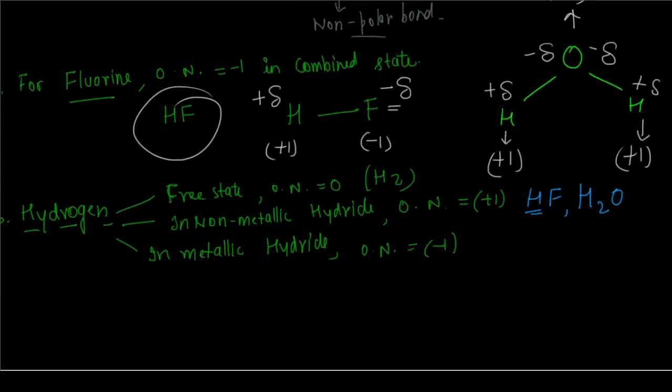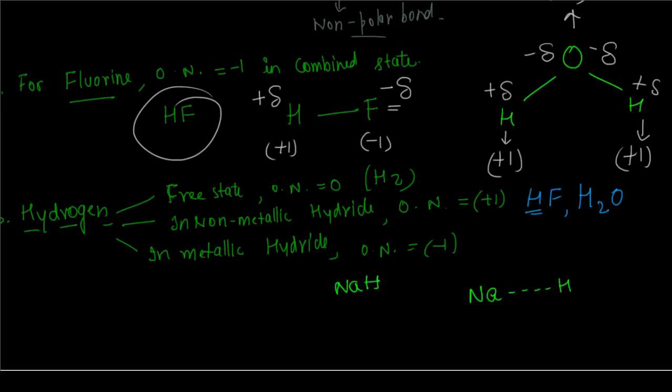In a metallic hydride, hydrogen has -1 because it exhibits its electronegative character. For example, NaH, sodium hydride. Sodium forms an ionic bond with the hydrogen atom.